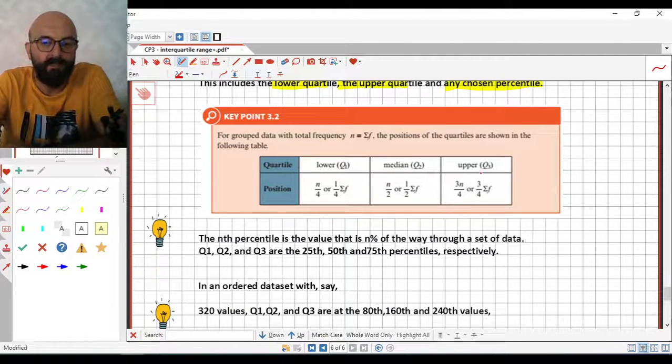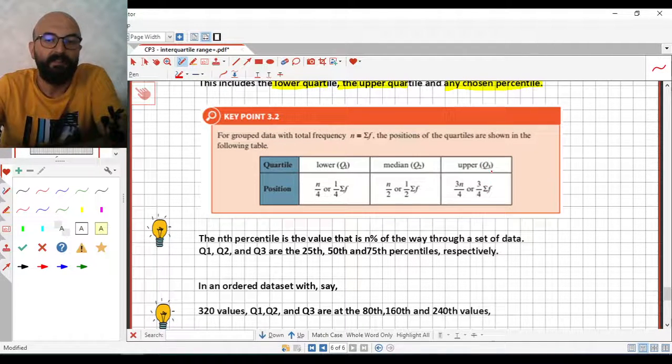For the upper quartile, the other name is Q3, it is the 3 over 4th value, or 3 over 4 multiplied by the sum of frequencies.